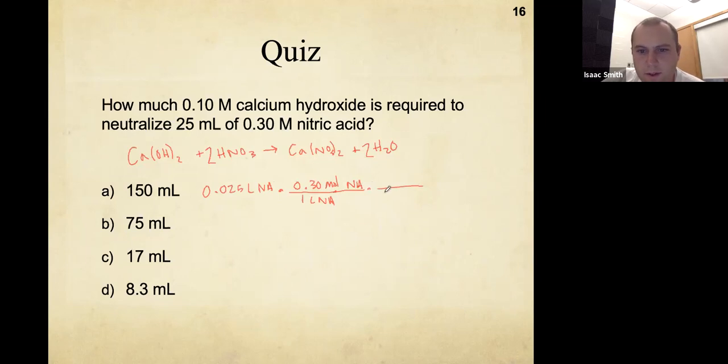And then for every 2 moles of nitric acid, we have 1 mole of calcium hydroxide. And then we have this molar solution, so 0.10 moles of calcium hydroxide for every 1 liter of solution. Okay, and then we should be able to get our answer there.